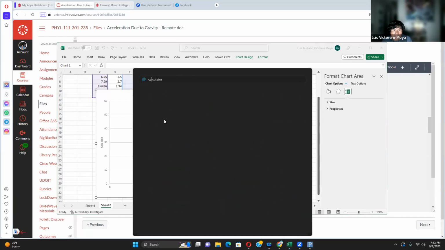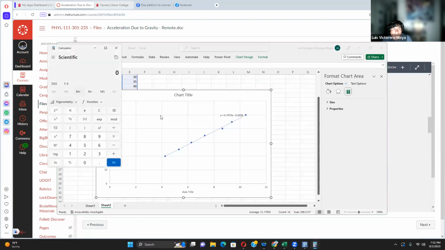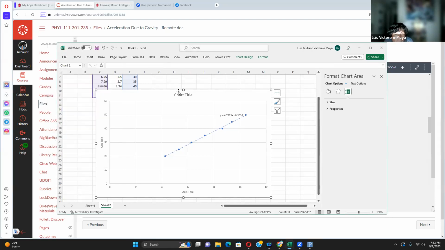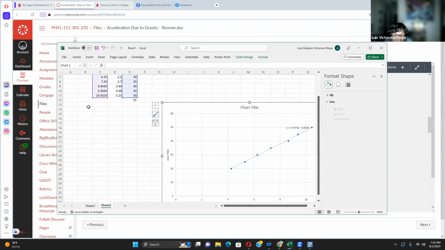So we are going to multiply 4.7973 times 2, and you can approximate that to be like 9.60. Pretty fixed. So 9.60 is the value of gravity, my experimental value of gravity. 9.60 meters per second squared. So not bad. Not bad at all.